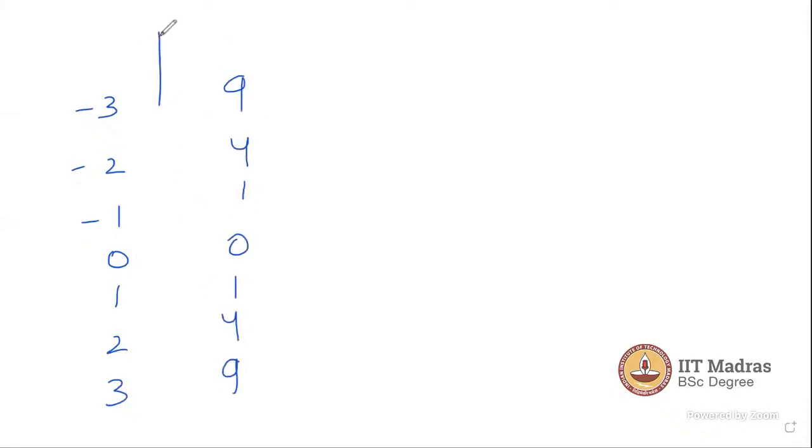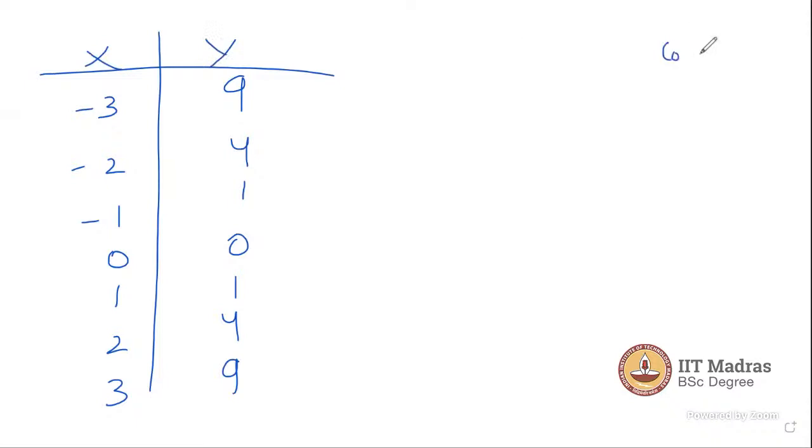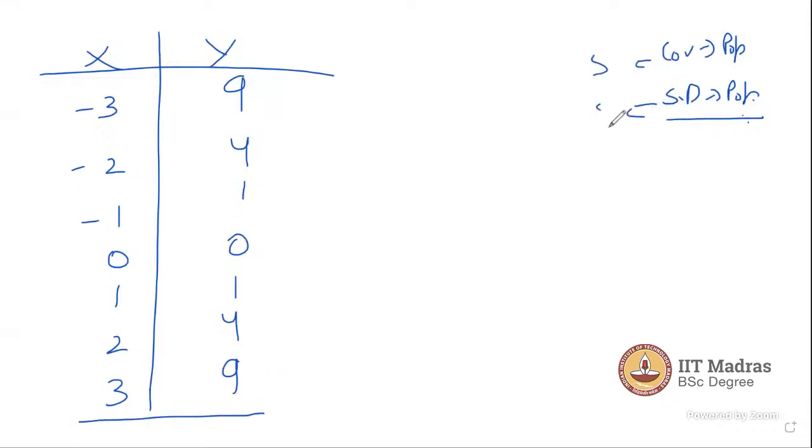Sir, if we use population standard deviation, will it affect our correlation coefficient? No, you have to use population covariance in that case, if you are using population standard deviation. If you are using the sample correlation coefficient, then we need to use sample standard deviation. If you're using sample for this one, use sample for that as well.